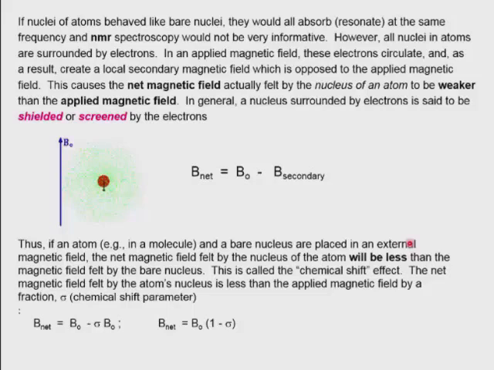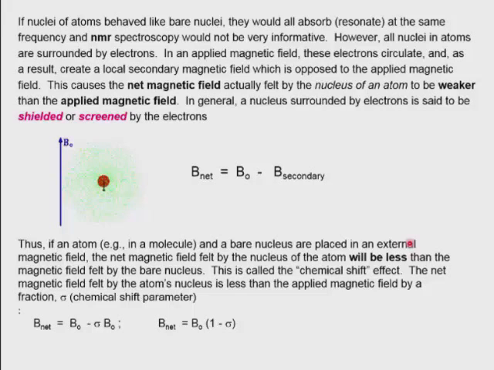Now there's a fundamental tenet of physics. When a charged particle moves, it produces a magnetic field. The circulating electrons, moving as they do, will produce a secondary magnetic field. This secondary field will always be oriented so that it is opposed to the direction of the applied magnetic field.